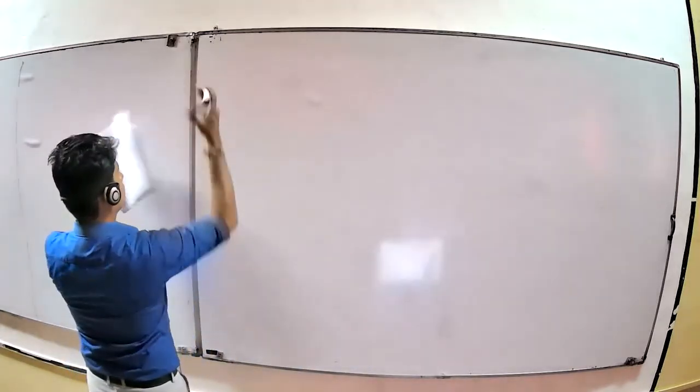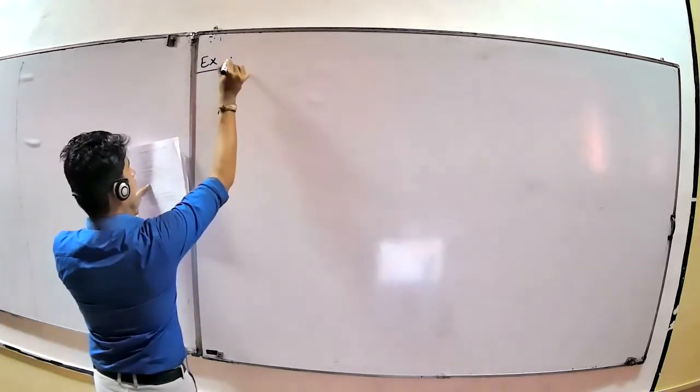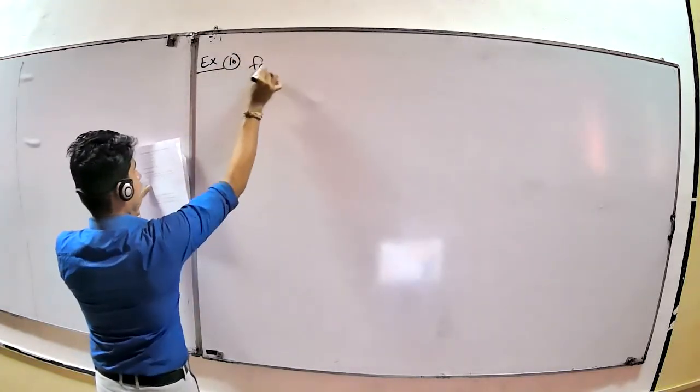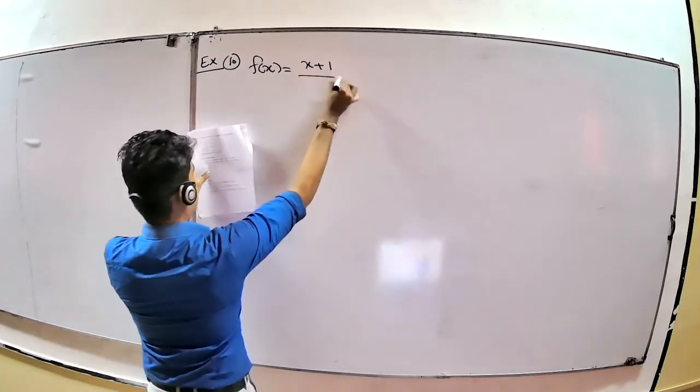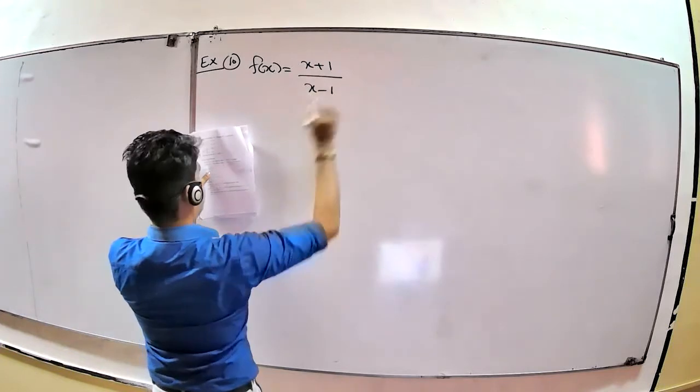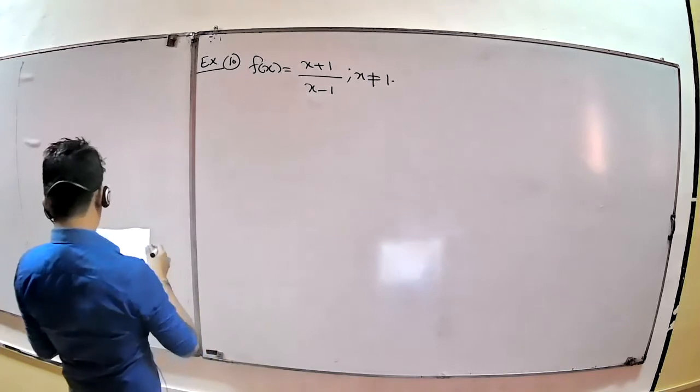Now this exercise: f of x equal x plus 1 over x minus 1, x not equal to 1. There are two parts they asked.